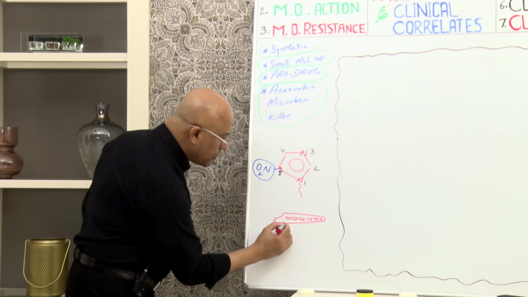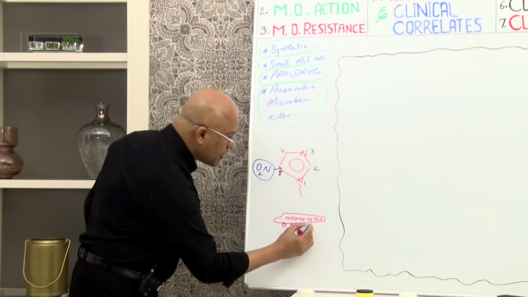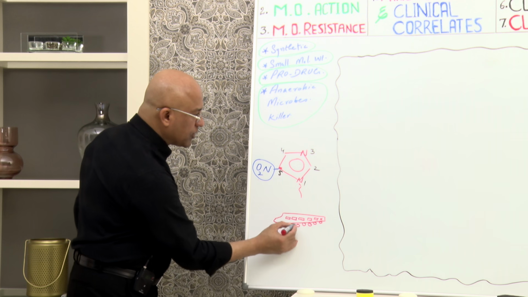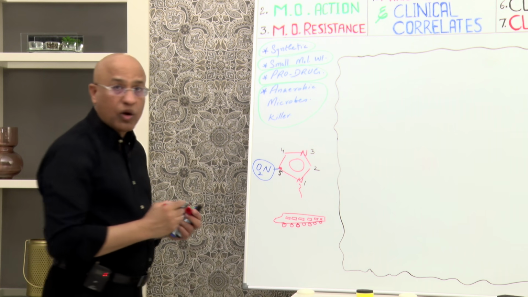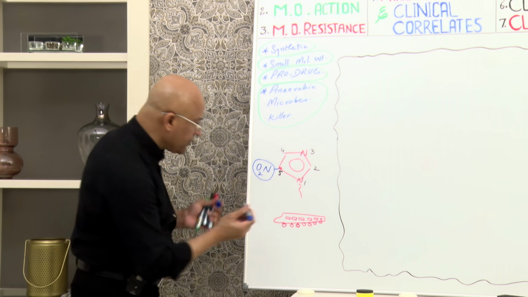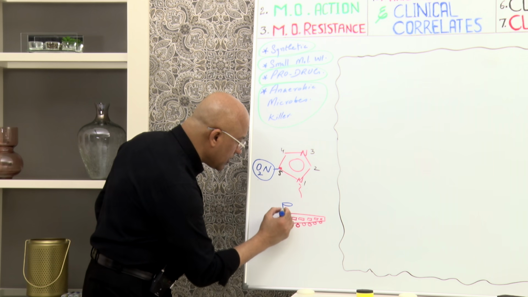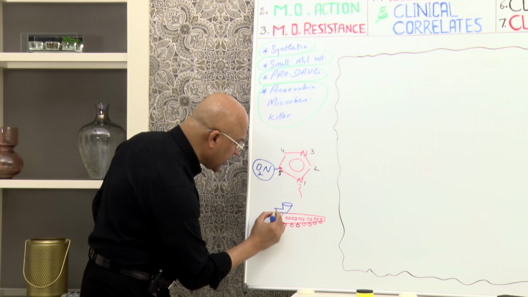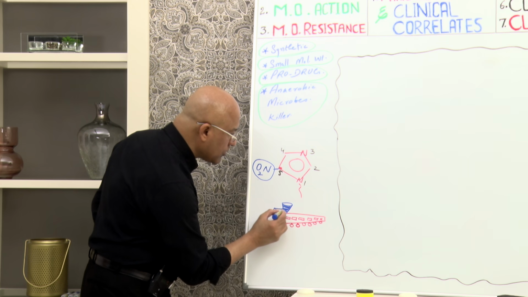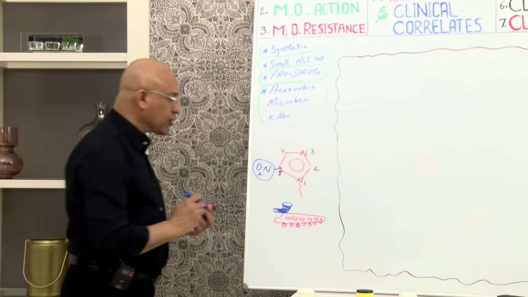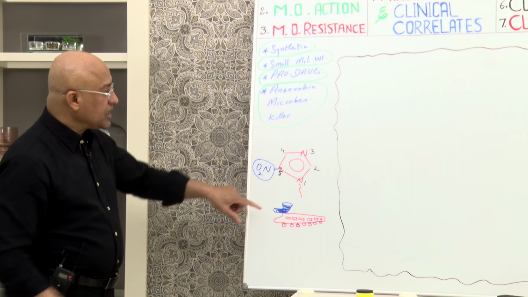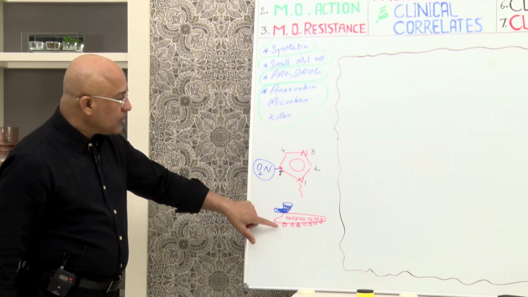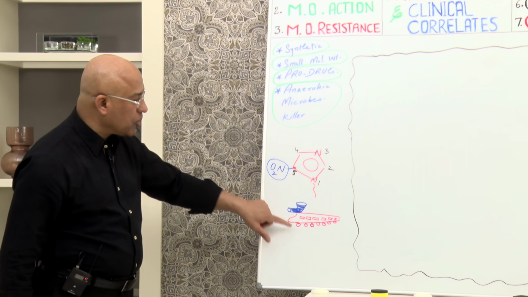Here is the metro, and this metro is representing our imidazole ring, and here is our nitro group. So from this nitro group onward, we can imagine that this whole compound is metronidazole.